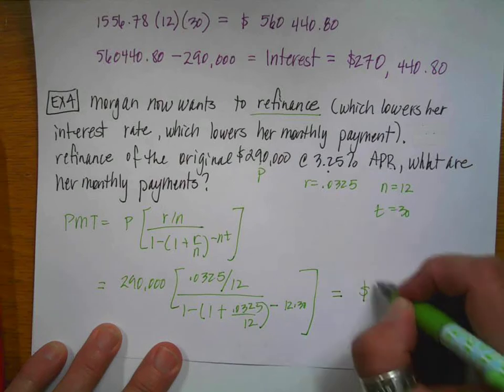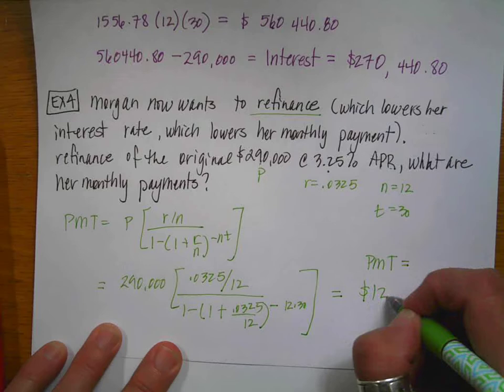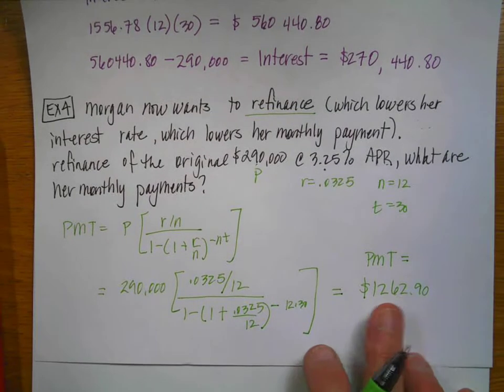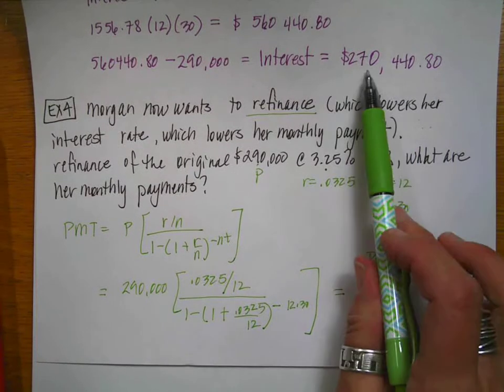And when you push buttons on your calculator, you're going to get that her monthly payment is equal to 1262.90. So notice that her monthly payment goes down by almost $300 a month.